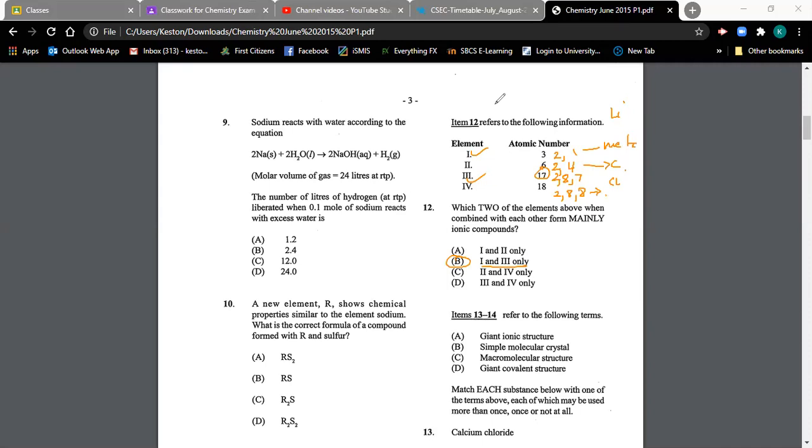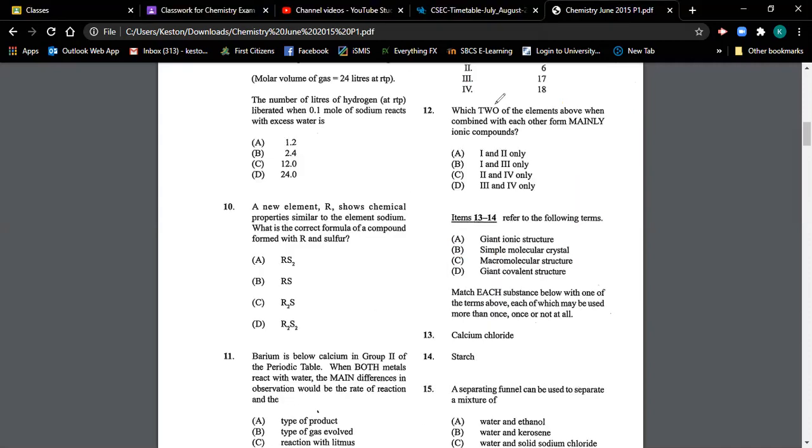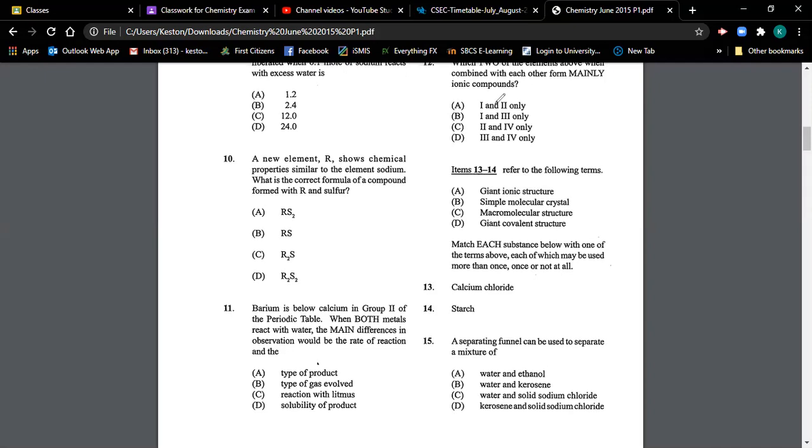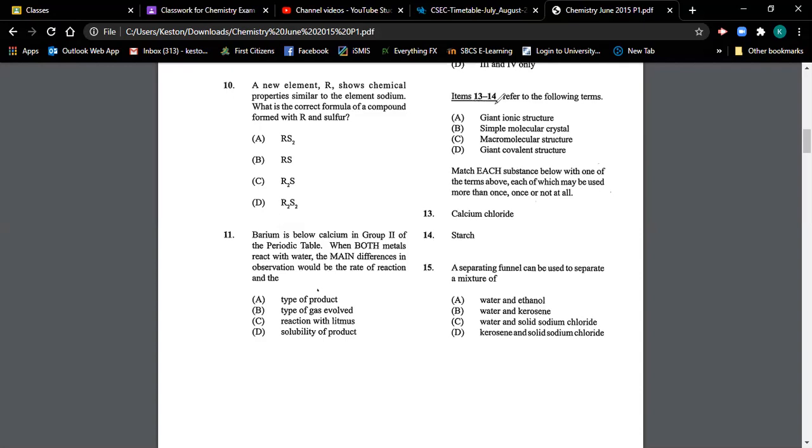13 to 14 refer to the following terms: giant ionic structure, simple molecular crystal, macromolecular structure, giant covalent structure. Match each substance below with one of the terms above, each of which may be used more than once or not at all. Calcium chloride. What would we classify that as? Anybody else?